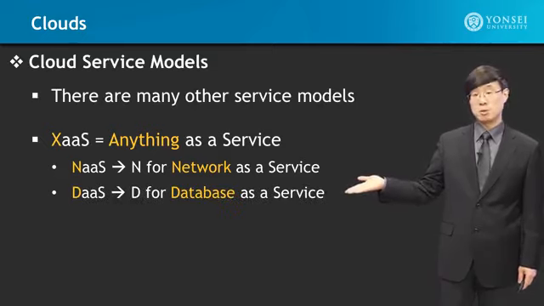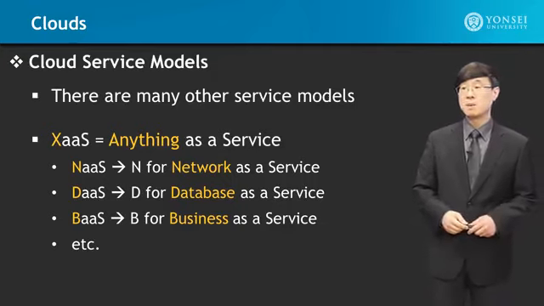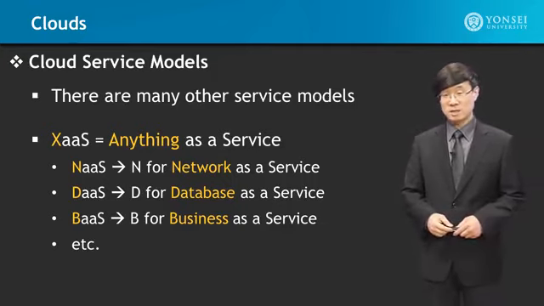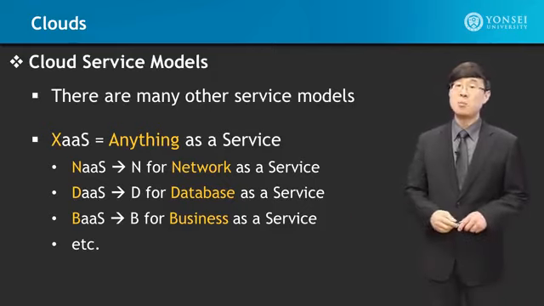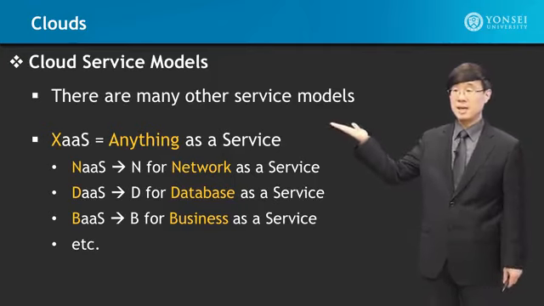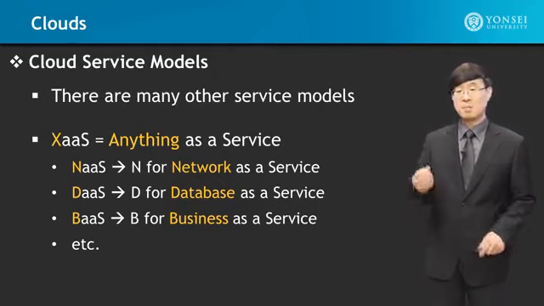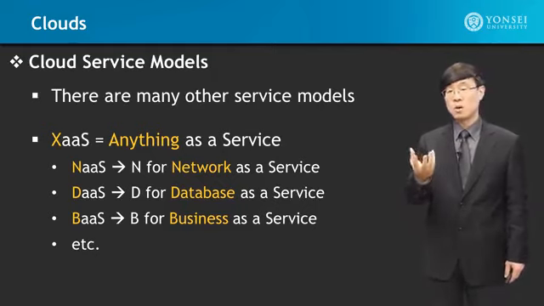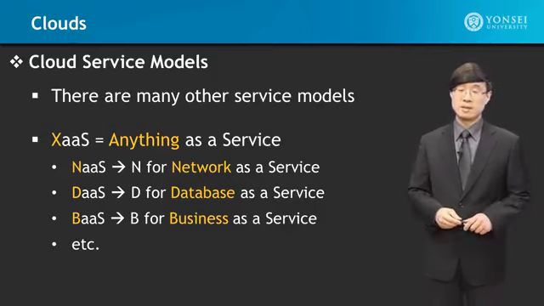Then some use DaaS, where D stands for database as a service. Some use BaaS, in which it is business as a service, and other things. These classifications are made based on how people want to use the XaaS classification to make their service or overall package unique and easily expressed.